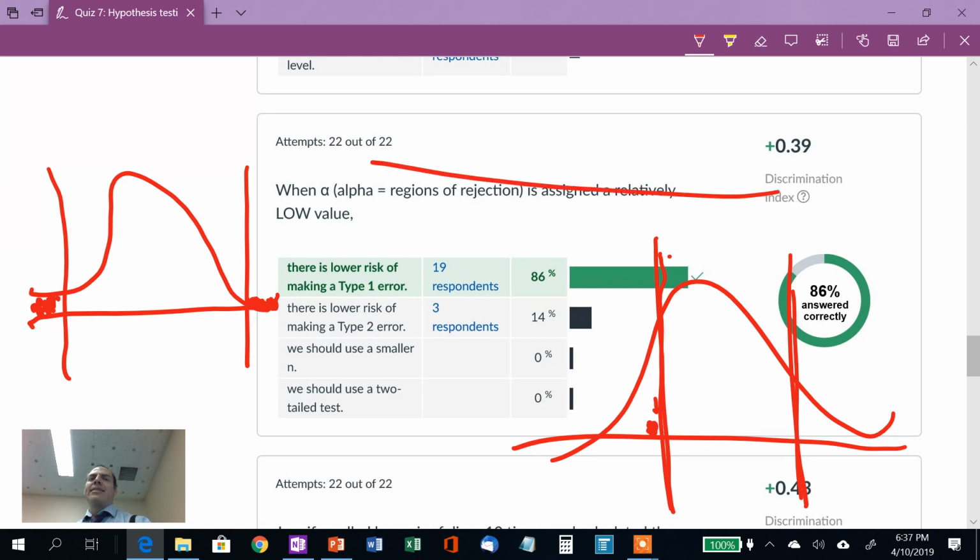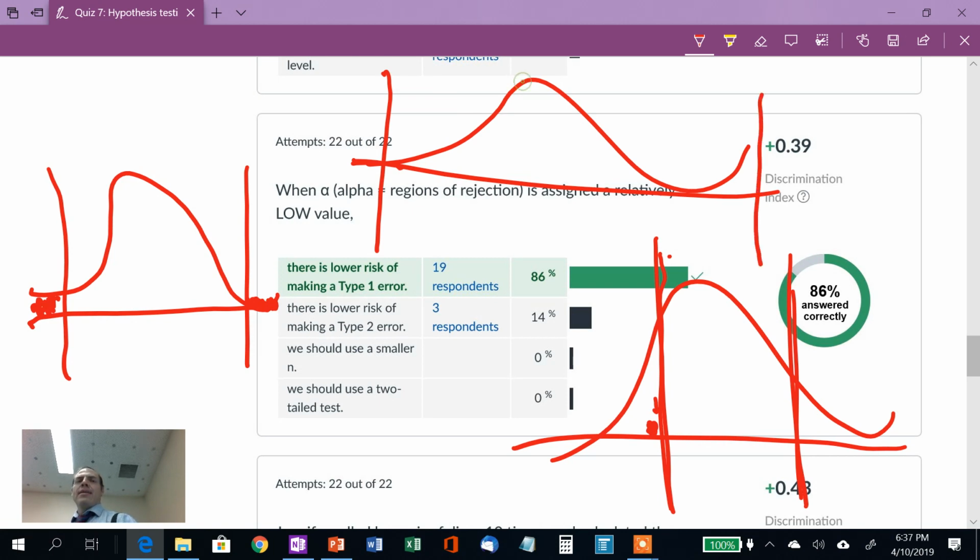So to represent that criteria, it should be at this level. The likelihood of getting ones 20 times in a row is really rare, and that's where you have your critical limits, like at this level.